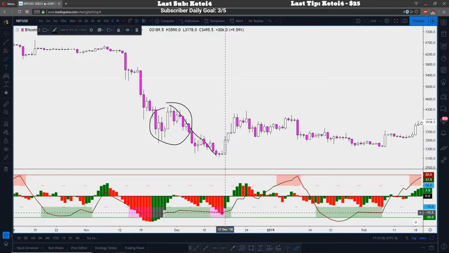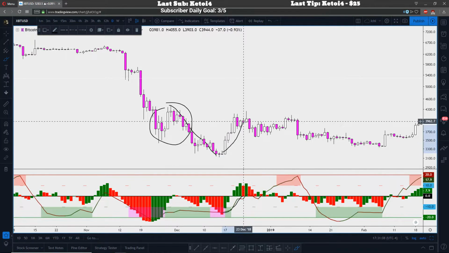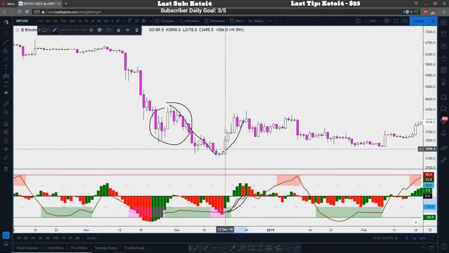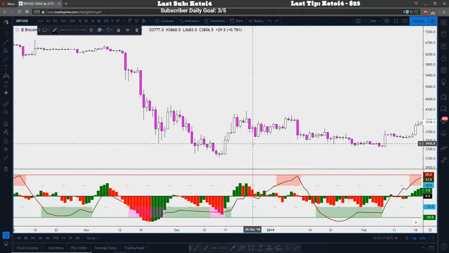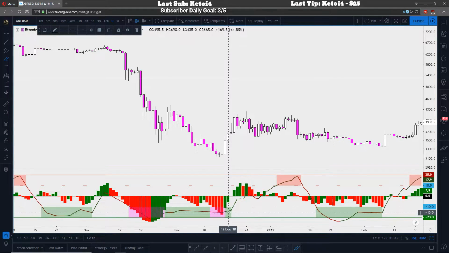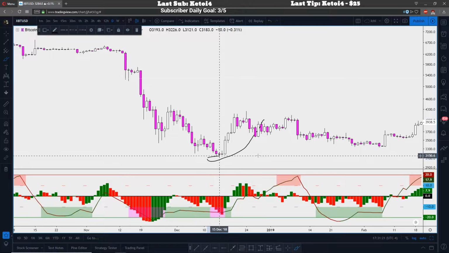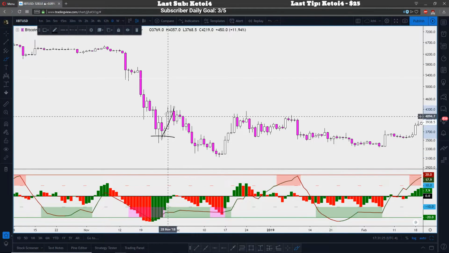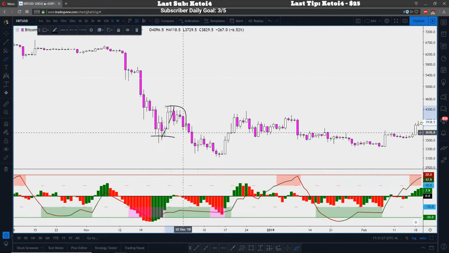This one began to rise with price. You see how the trend line is rising with price? That is a proper bottom. If the trend line begins to rise with price, that is a proper bottom. If the trend line fails to rise with price and it signals a trap, that is not a proper bottom.